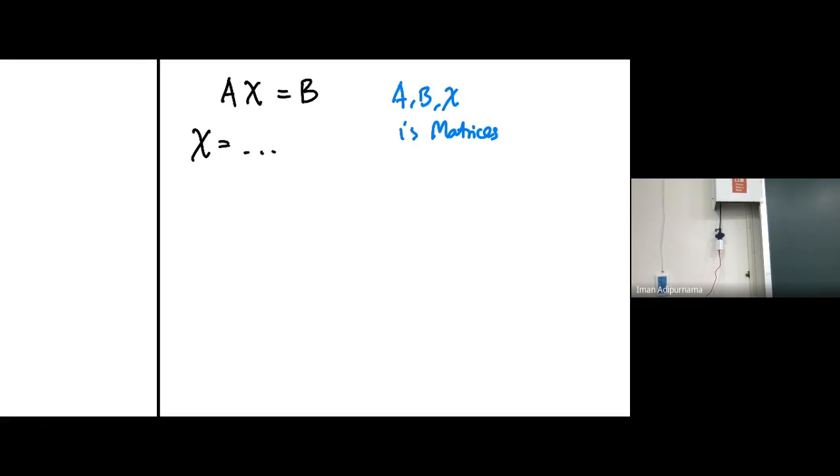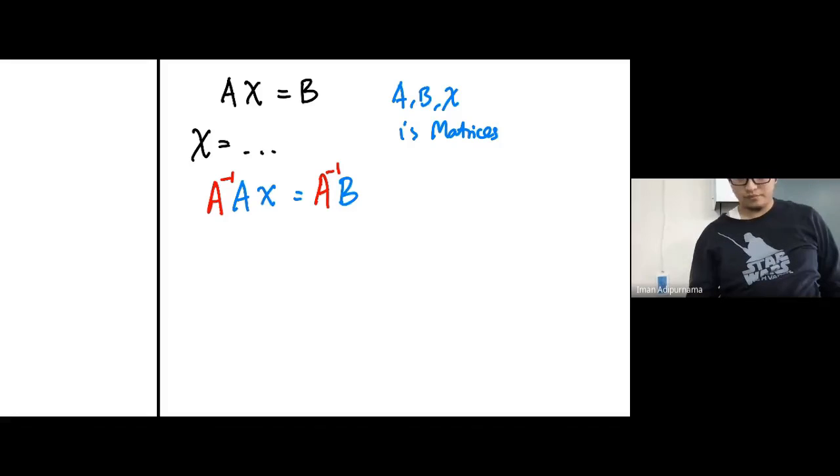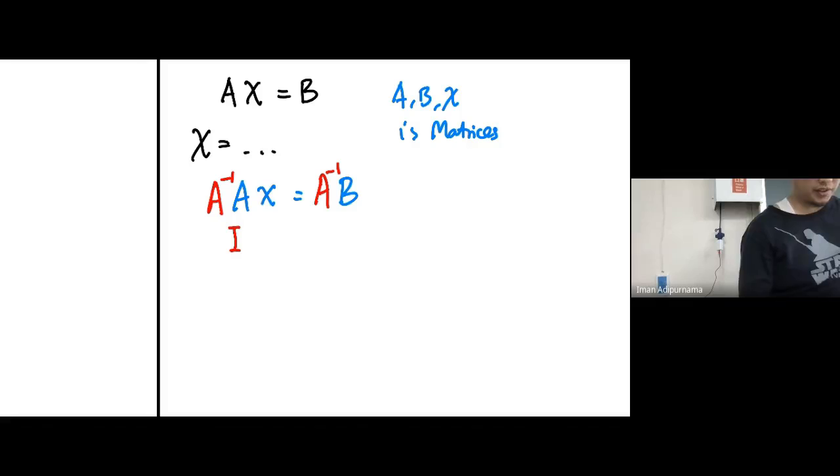But the B, you also need to multiply on the same side. So let me write down. If you multiply the A with A inverse, this should be done. And this becomes identity. So X is A inverse B.